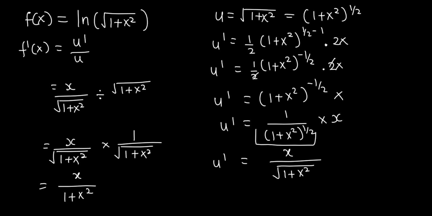Okay, let's try our hands on another example again. In this case, we have f of x equal to ln of x squared sine x, divided by 2x plus 1.